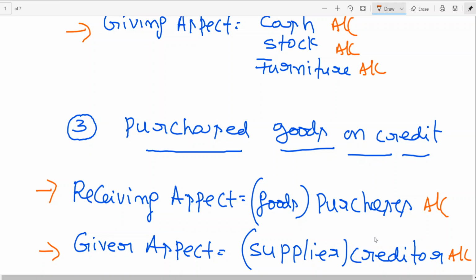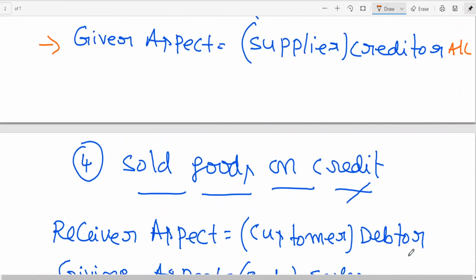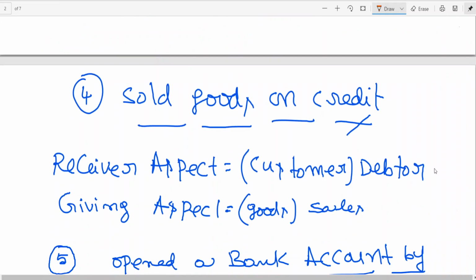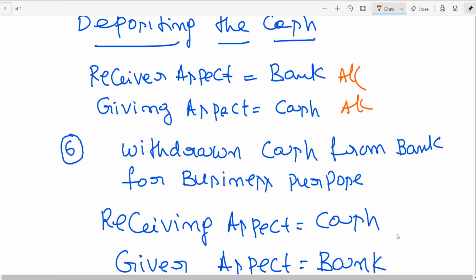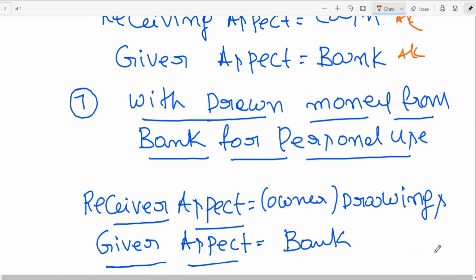You can't have only a single account for any transaction. Aspects are always 2 only. Okay? Right. Now, here let us suffix A by C.